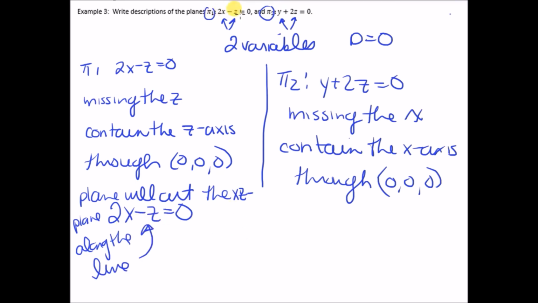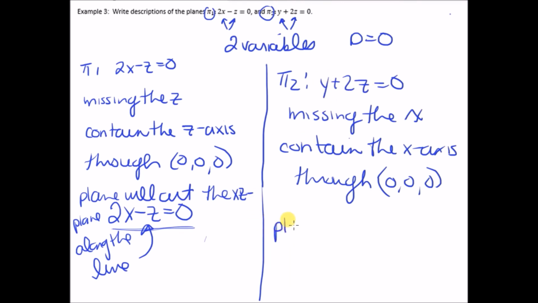See how we have x and z? Well, this plane's not going to lie on the x plane or be parallel to the x plane or the z plane, but it's going to cut the xz plane along that line.